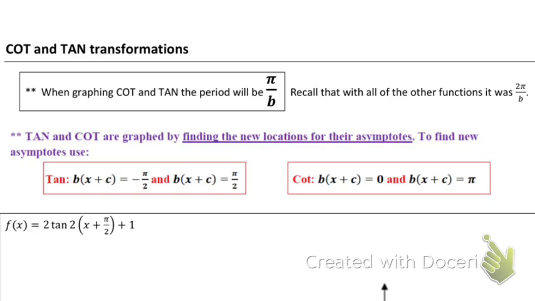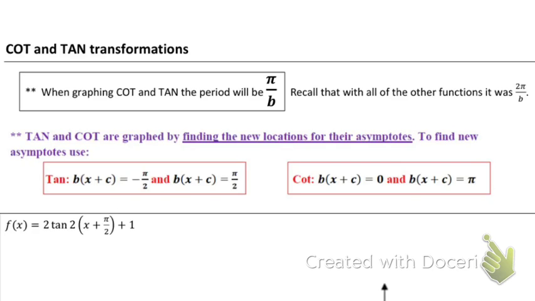All right, cotangent and tangent transformations. These can be hard because they're very different than sine and cosine and secant and cosecant. When you're graphing cotangent and tangent, the period will be pi over b.